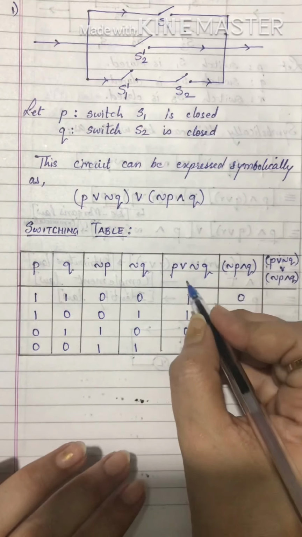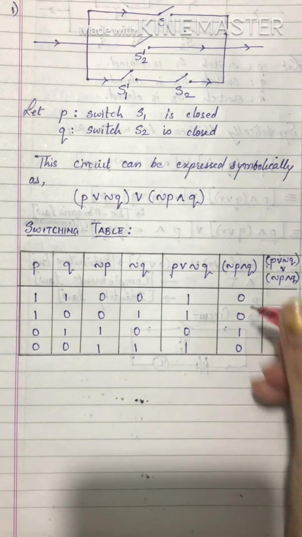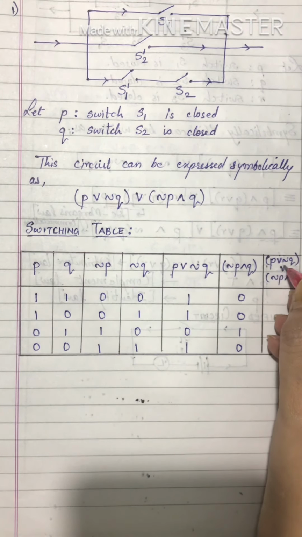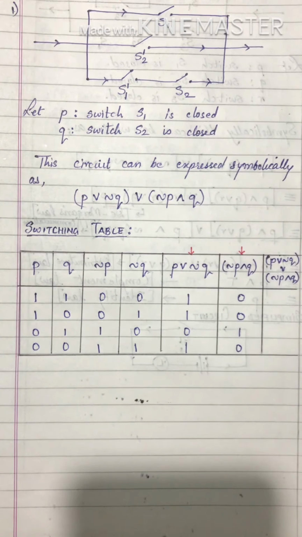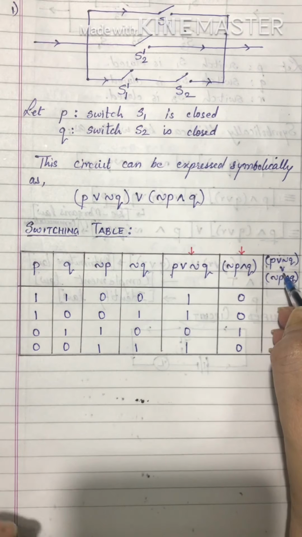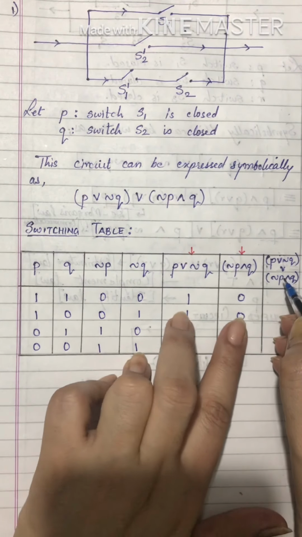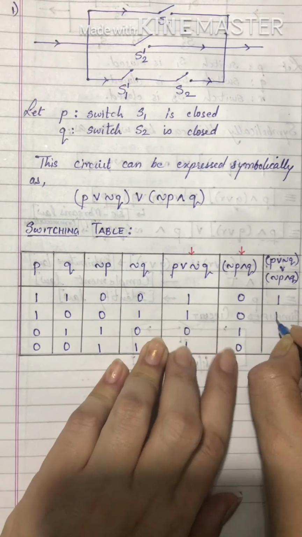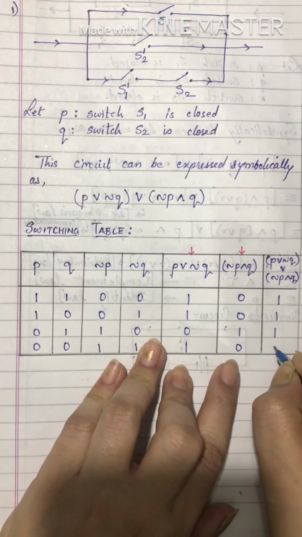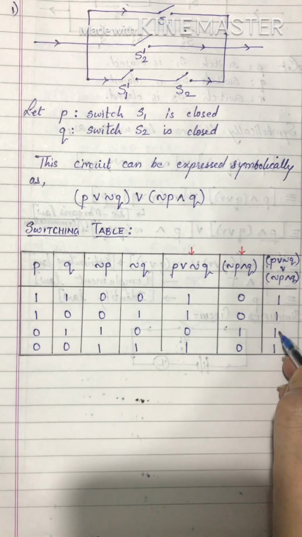Next we have to work with P or negation Q, that is this column and this column, with an OR connective in between. So here addition: 1 plus 0 is 1, 1 plus 0 is 1, 0 plus 1 is 1, and 1 plus 0 is 1. We got all values 1, that means all values true.